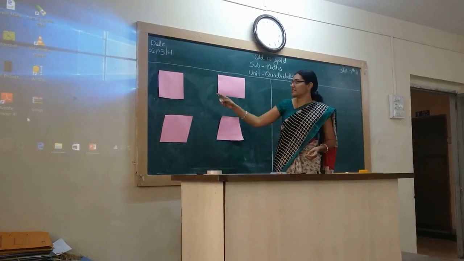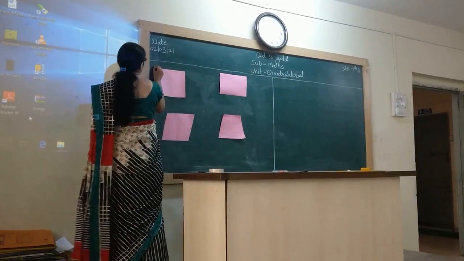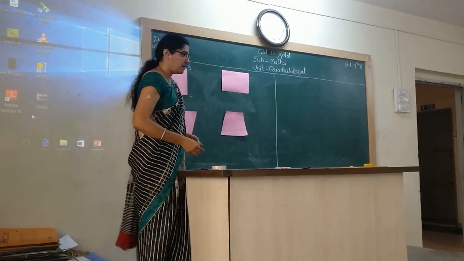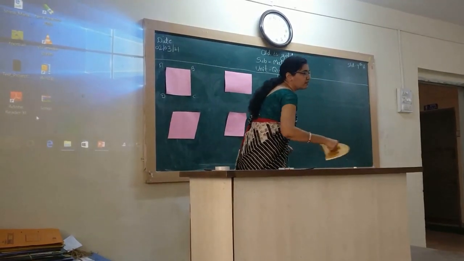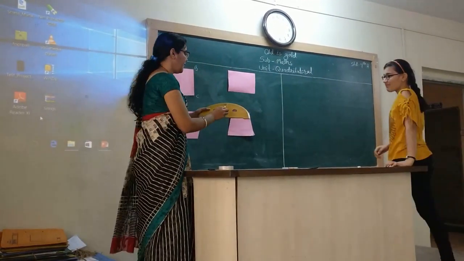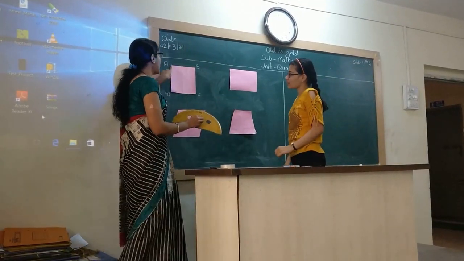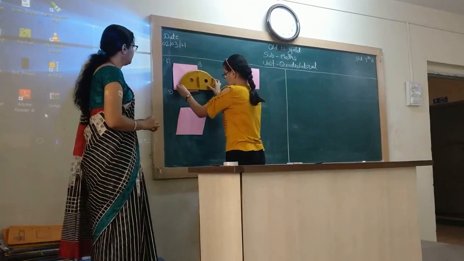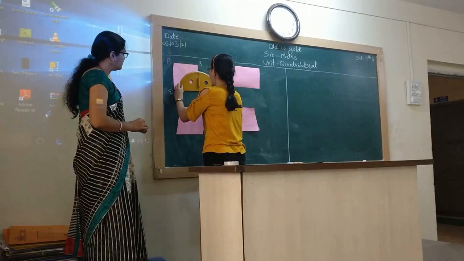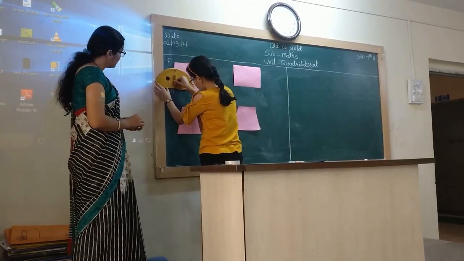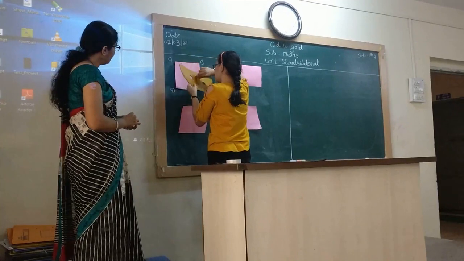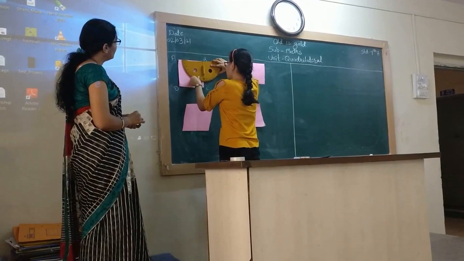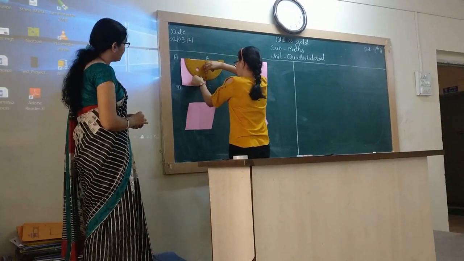Okay. Suppose this is the square ABCD. Come here. This is the protractor, and with the help of this, you have to measure this angle A, B, C, and D. Okay, very good.